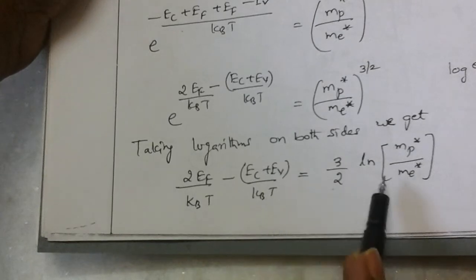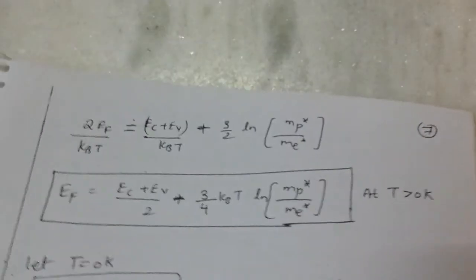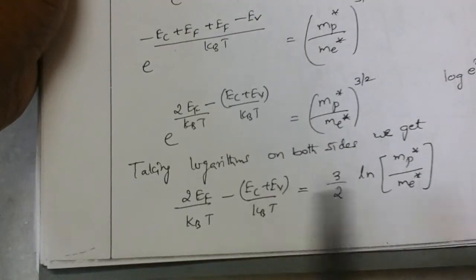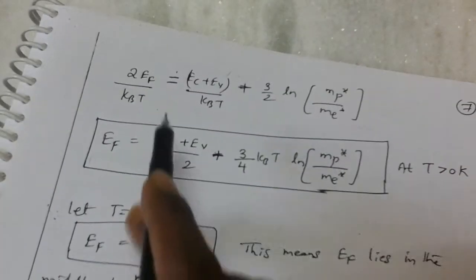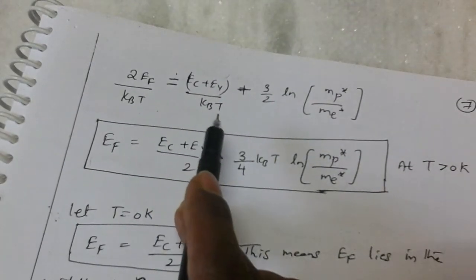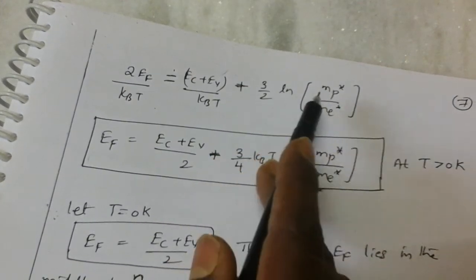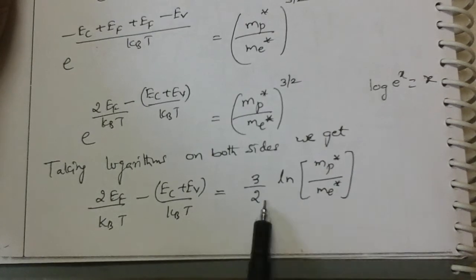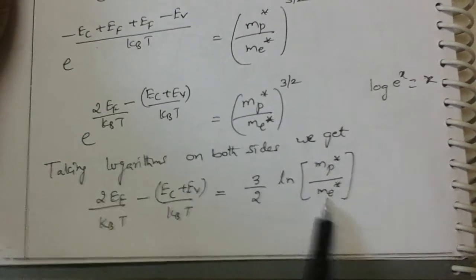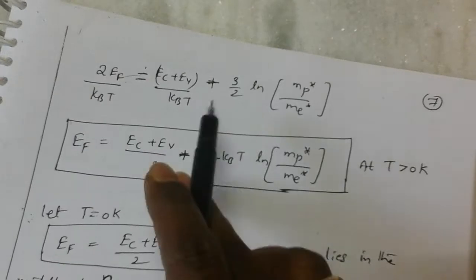This value is taken to that side. When you take this value to that side, what happens? It becomes plus. That is why plus (EC plus EV) by KVT plus 3 by 2 natural logarithm of MP star by ME star. This value is as it is: 3 by 2 natural logarithm of MP star by ME star. That is what we have done here.